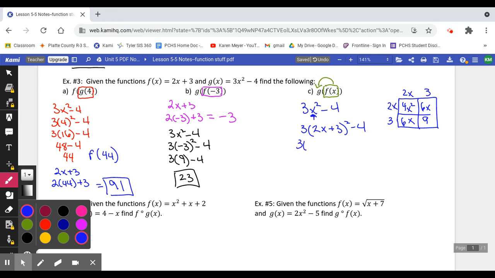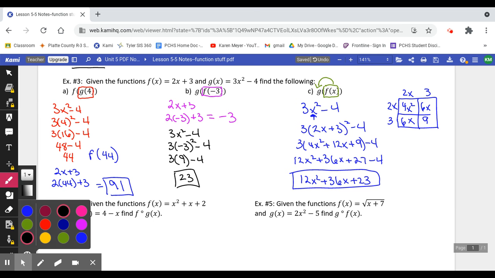So you're looking at 3 times 4x squared plus, combining like terms, 12x plus 9, minus 4. Now distribute your 3: 12x squared plus 36x plus 27 minus 4. To finish it up, combine your like terms: 12x squared plus 36x plus 23. Done.